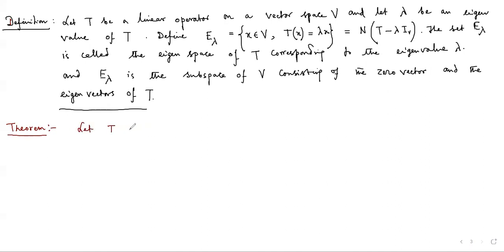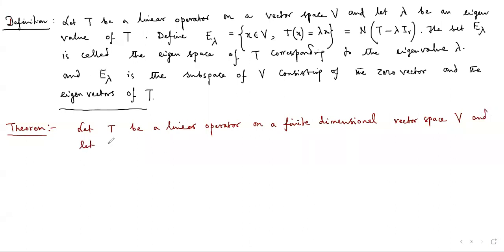This theorem is also very important: let T be a linear operator on a finite dimensional vector space V, and let lambda be an eigenvalue of T having multiplicity, say, m.